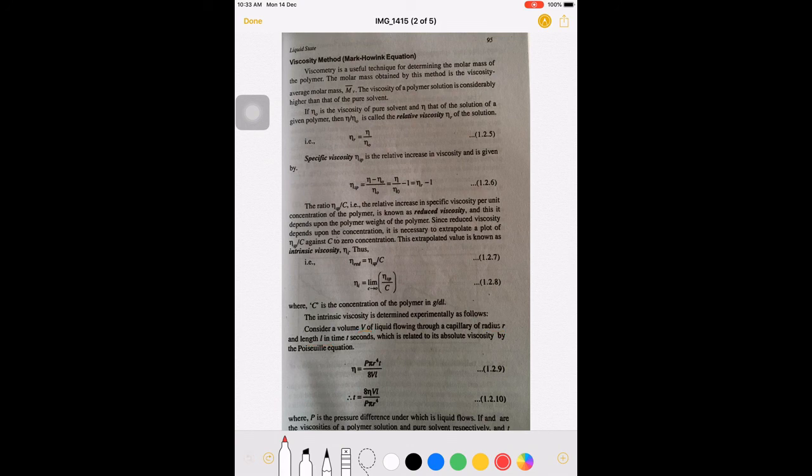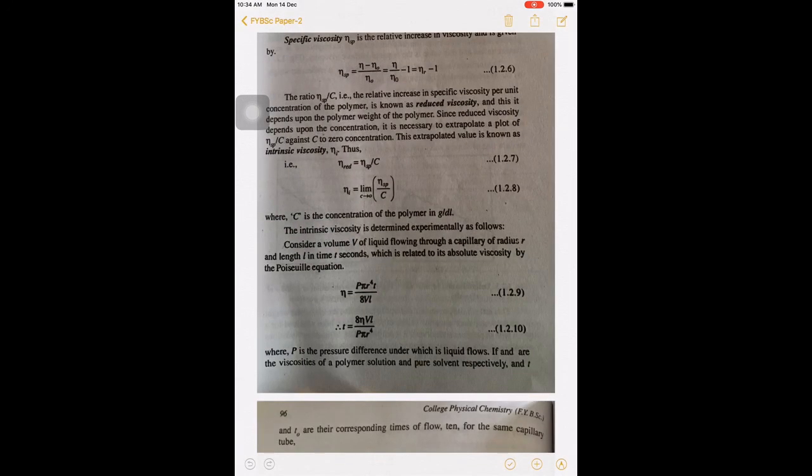So eta is equal to P pi r raised to 4 T divided by 8 V into L. Now, in terms of T, we can write T is equal to 8 eta V into L divided by P pi r raised to 4, where P is the pressure difference under which the liquid is flowing.